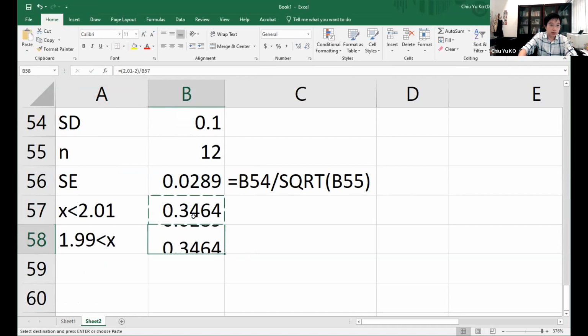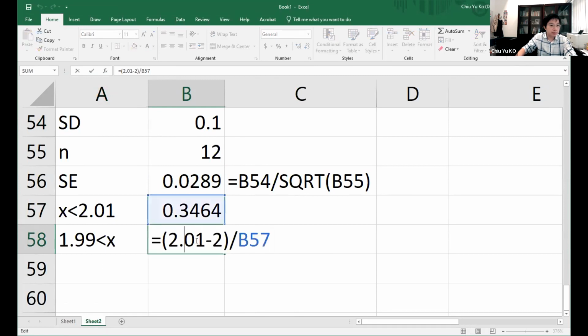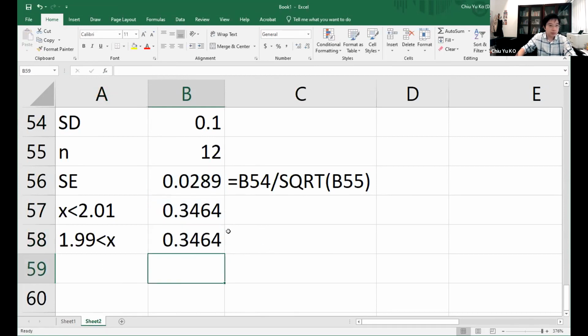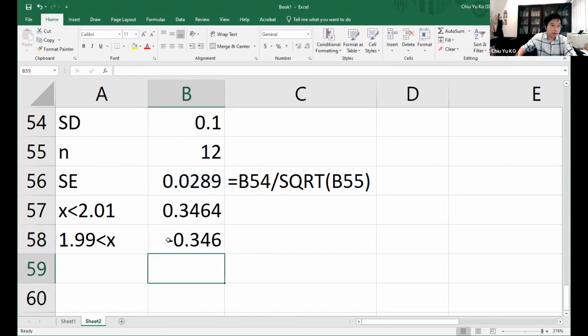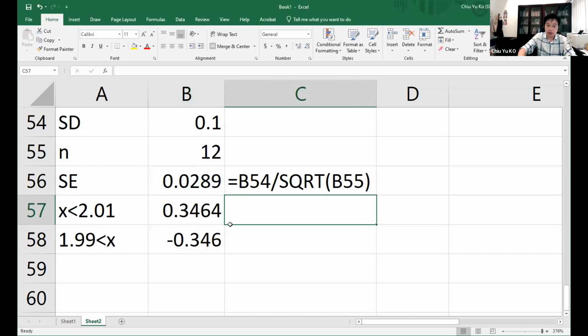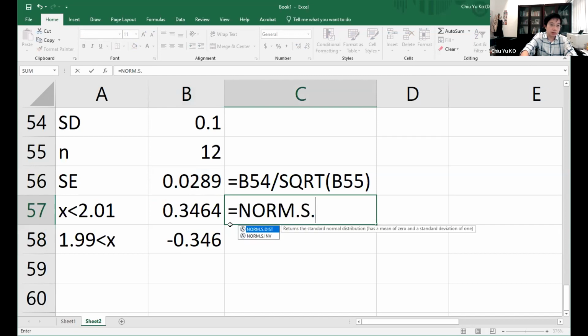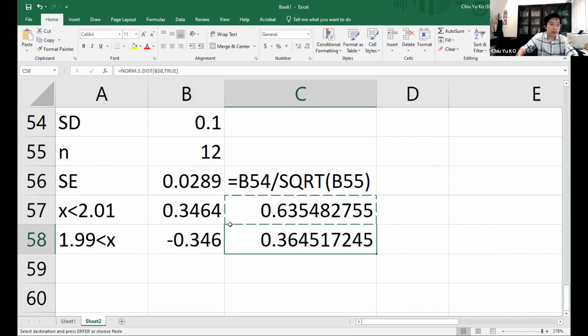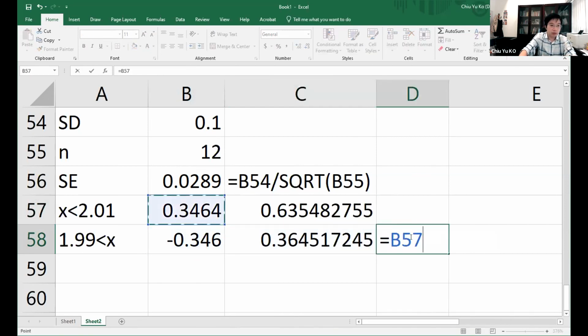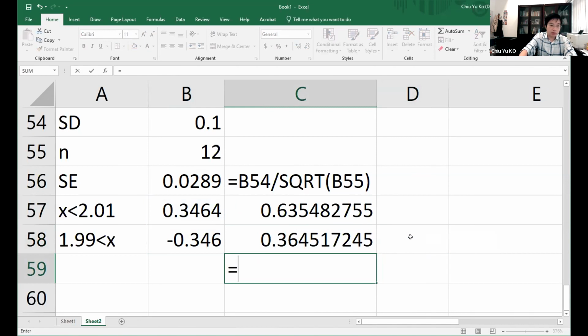So this is the z value. Then I would do norm.s.dist of this. There are two values you want to find, and the difference of the two will be the answer.